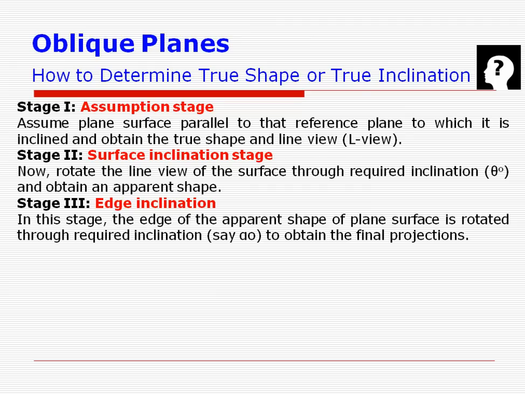The oblique plane will have inclination with both the principal planes, but defining the true inclination with both the planes is not the custom. One inclination will be the surface inclination, another will be the edge inclination in general in the problems. So we will attack the surface inclination again in the second stage, and the edge inclination in the third stage. The point will become clear as we take example number 4.